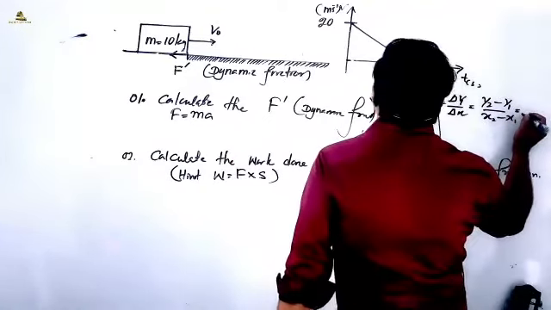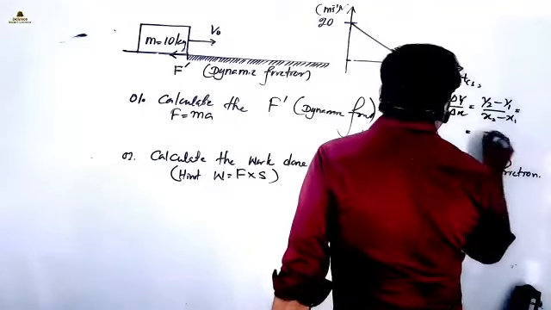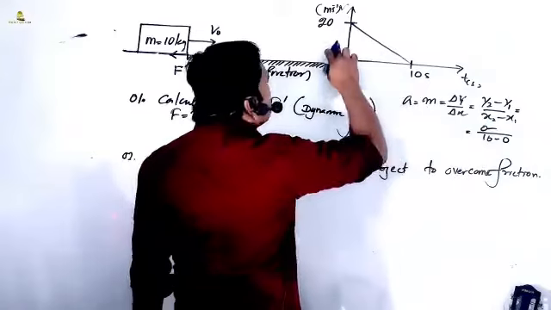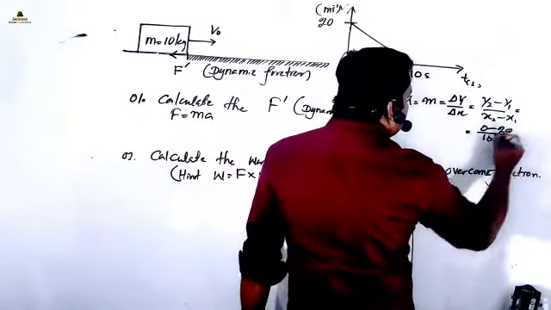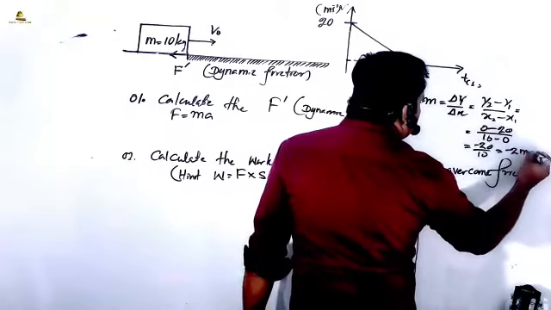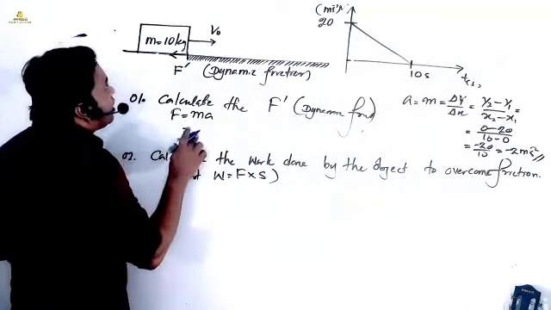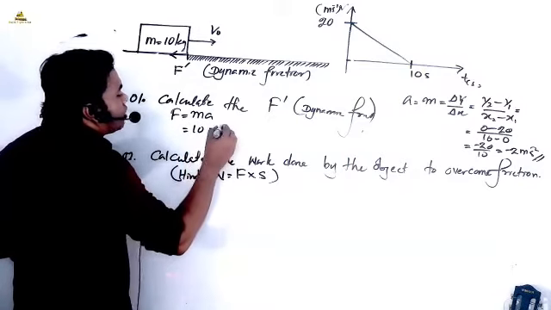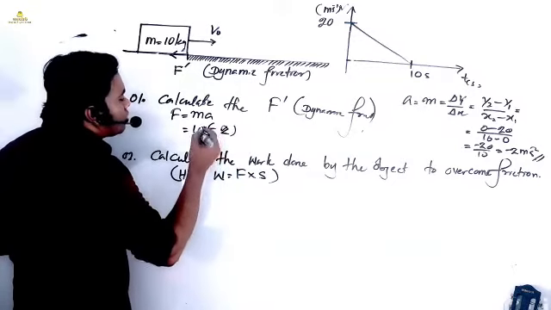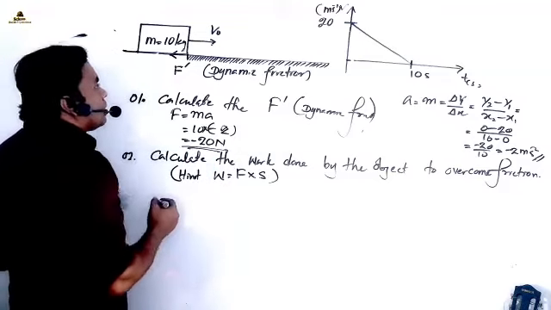First substitute these x values: 10 subtraction 0, and y values 0 subtraction 20. Yes, minus 20 over 10. So that's minus 2 meters per square second. That's the acceleration. Therefore, F equals ma, mass is 10, acceleration is minus 2, so that's minus 20 newtons of external unbalanced force.